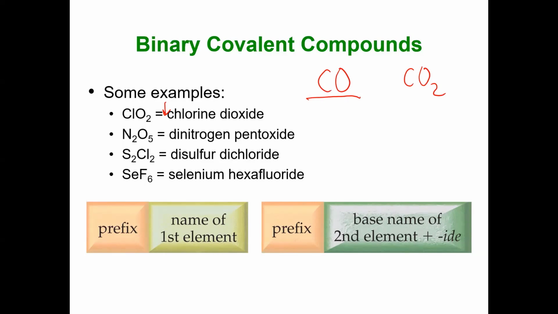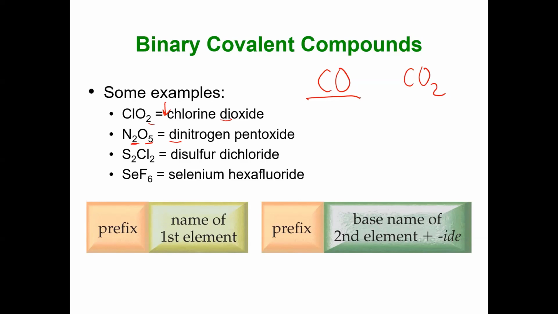Now, the second element, di, there's two. So this is a dinitrogen because there's two. So you have to have a prefix for the first element. The only time you don't is if there's only one. So there's two, so we do dinitrogen, write out the full name. Pent, because there's five. Notice we dropped the A because it's in front of the O. Pentoxide.